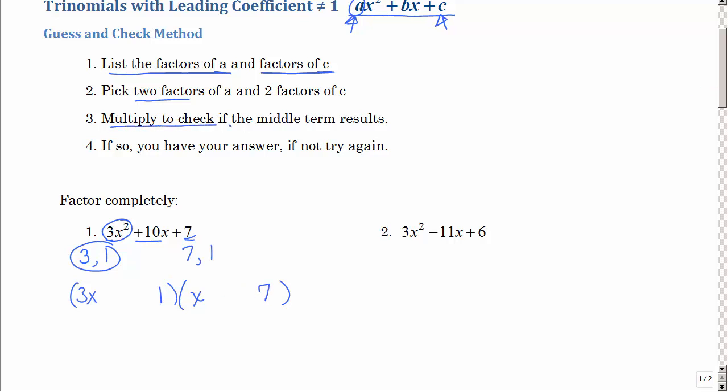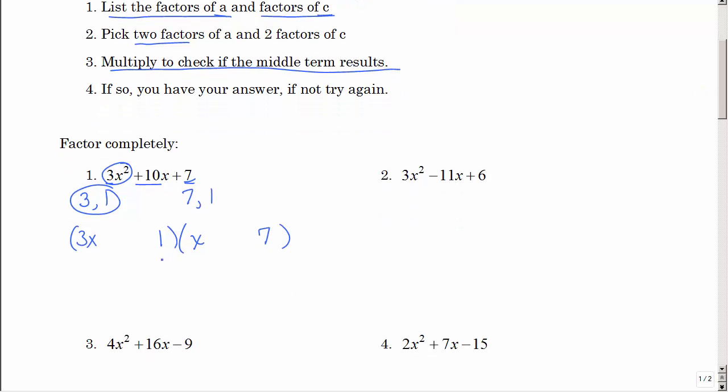I have to multiply to check if the middle term results. So let's see, if I multiply that, I get 1x. If I multiply that, I get 21x. I'm doing the FOIL method to check. I'm doing the OI, outer and inner, because those add up to the middle term. Well, that gets me 22x. That does not get me 10.